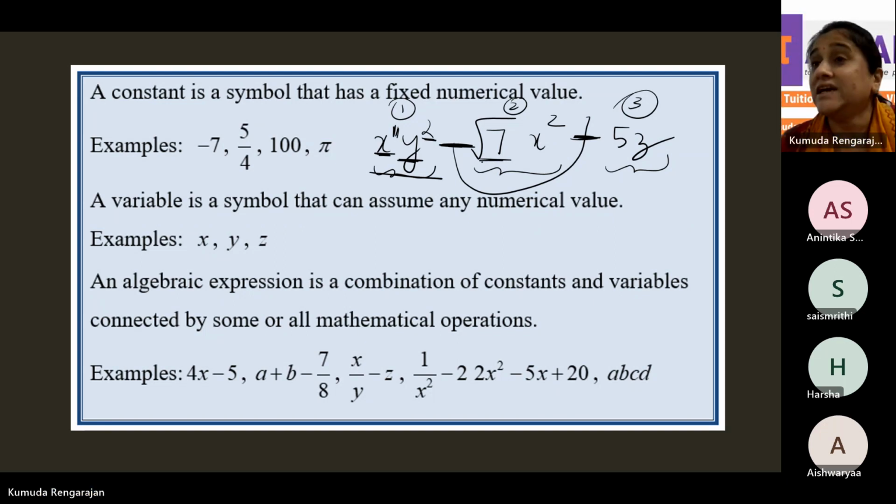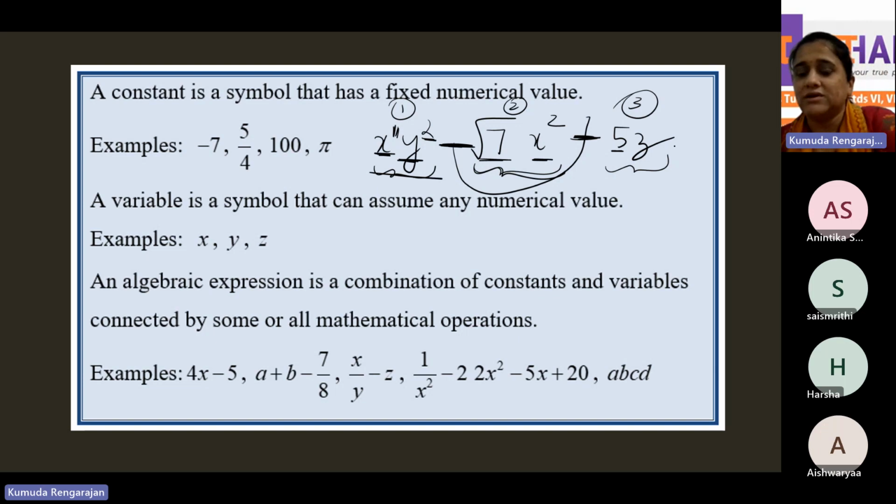Ignore it. Ignore the constants. In the second term, we have another variable x. Its power 2, whole number. And in the last term, the third term, we have 5, which is a constant, which we are not concerned about. The variable in the third term is z, whose power is 1, which is a whole number.